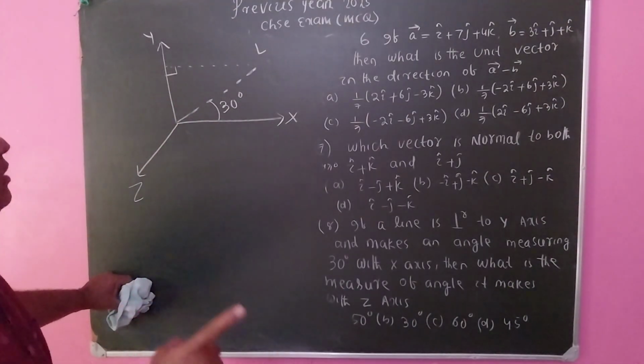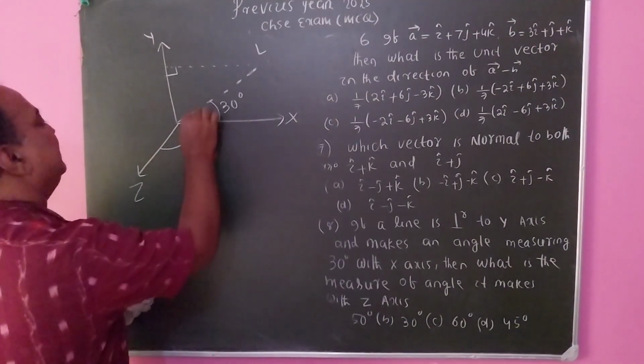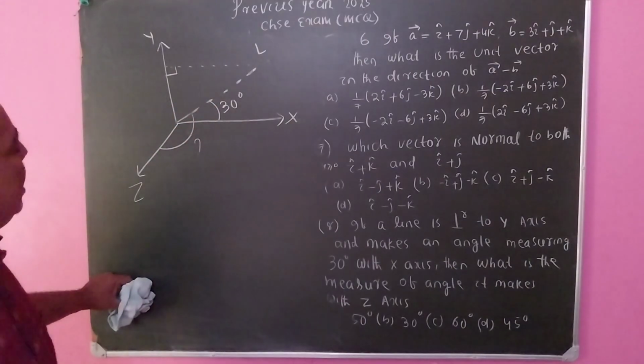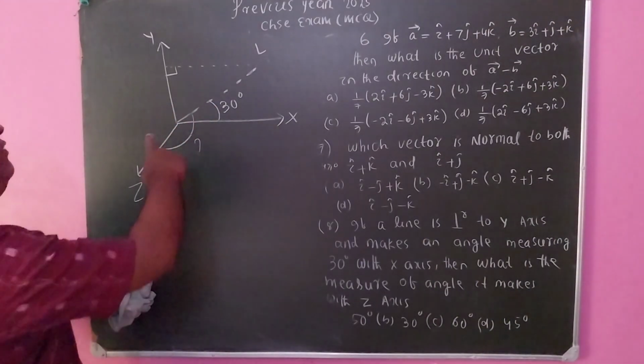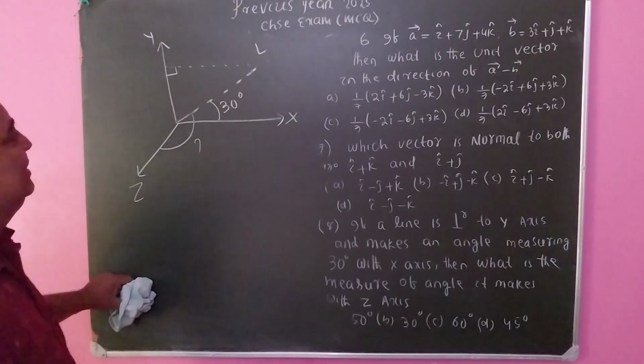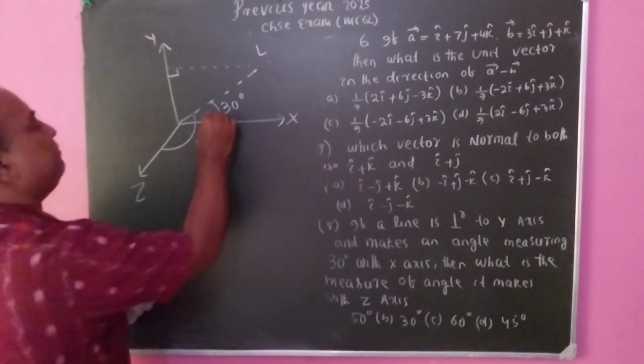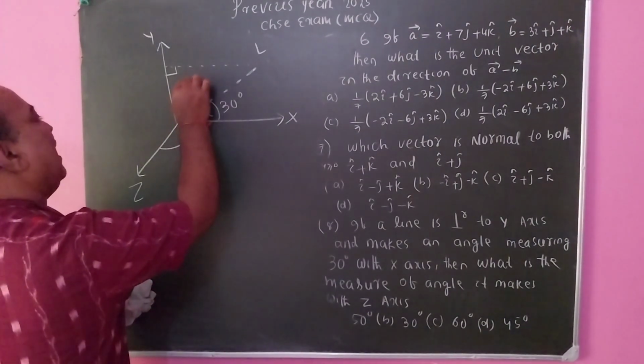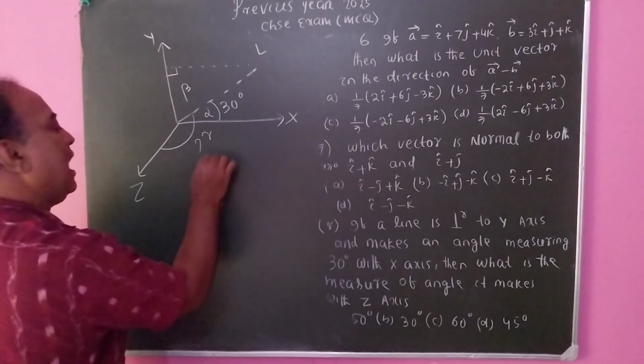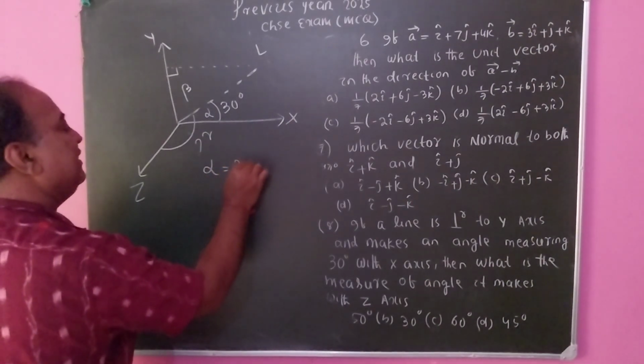So what angle does it make with z axis? Our aim is to find the angle made with z axis. Suppose it is alpha, beta, gamma. So write down alpha is equal to 30 degree.